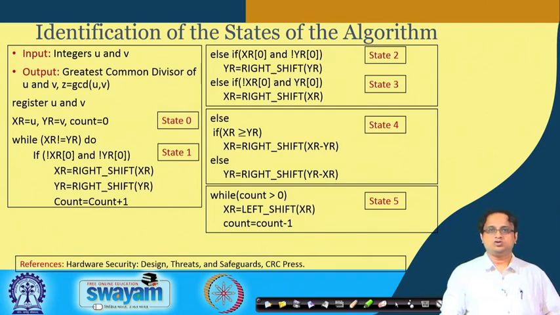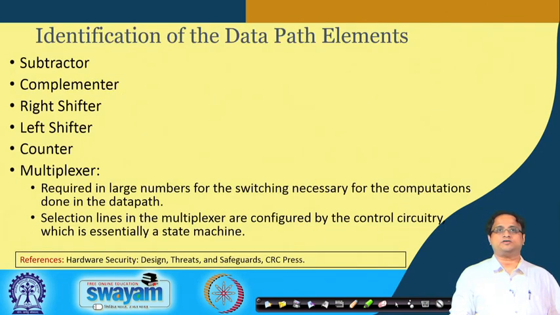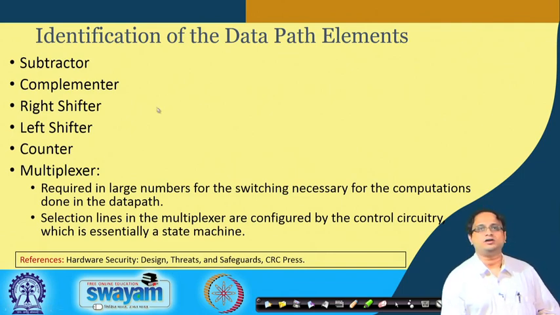So if you count the data path components, you have a subtractor, a complementer, a right shifter, a left shifter and a counter, because you also have counted.